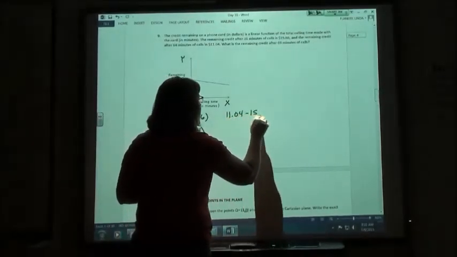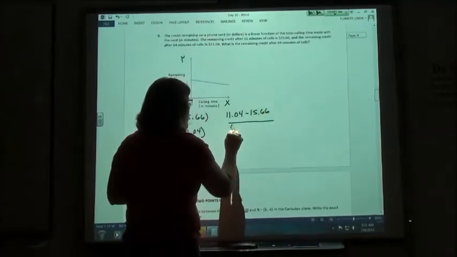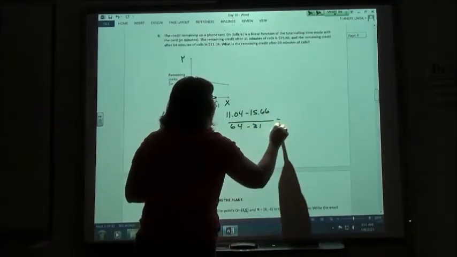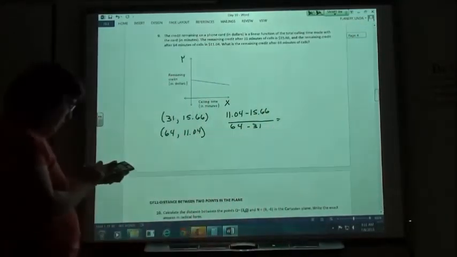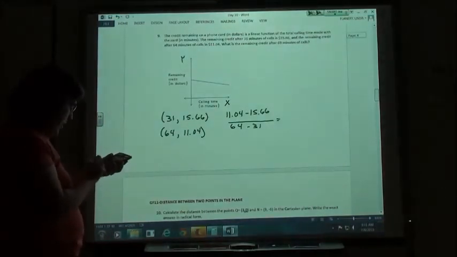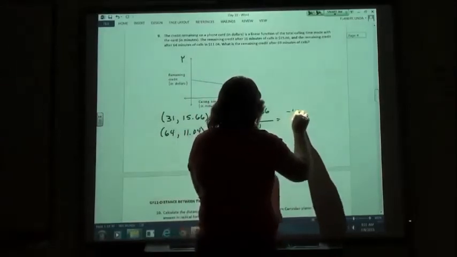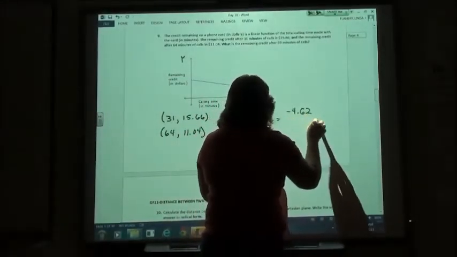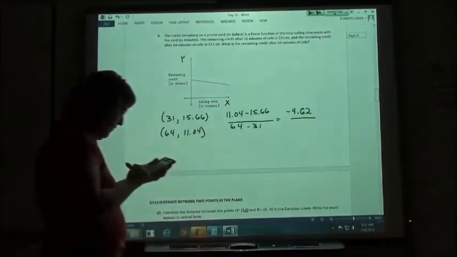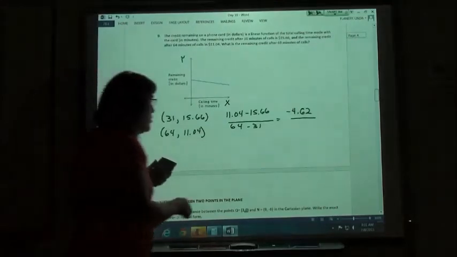11.04 minus 15.66 over 64 minus 31. So 11.04 minus 15.66 gives me negative 4.62. 64 minus 31 is 33.